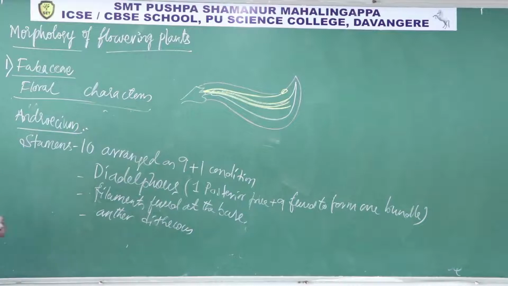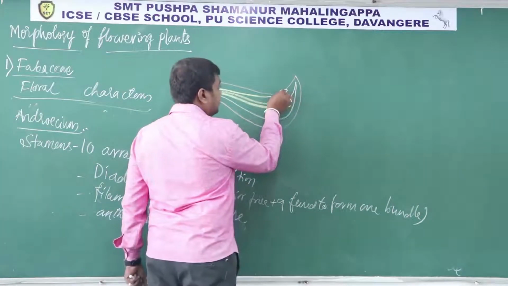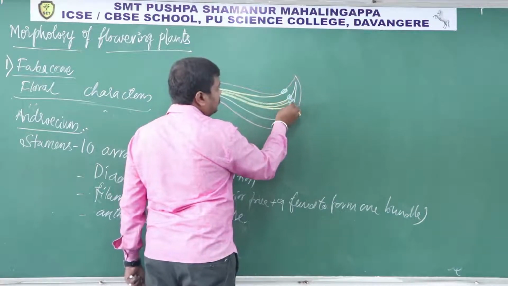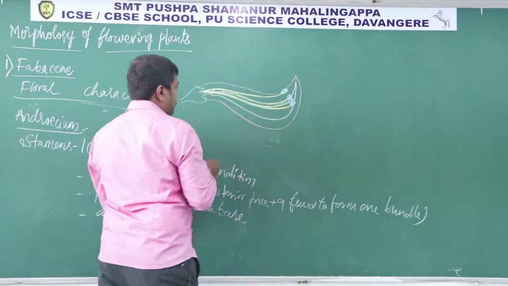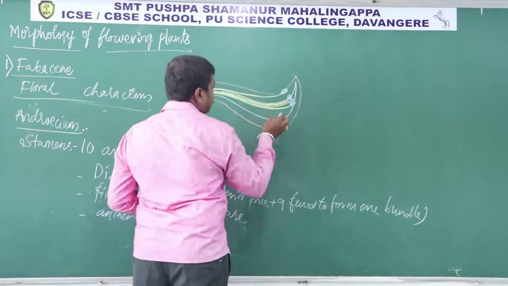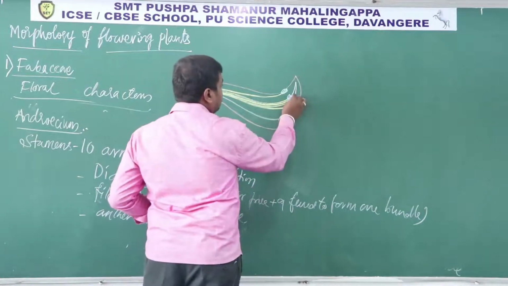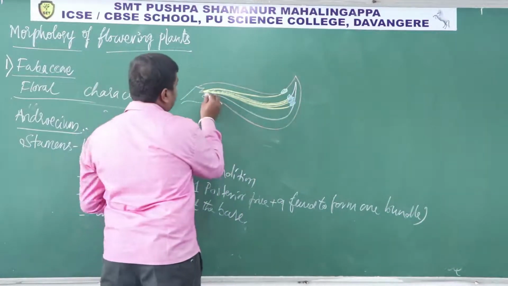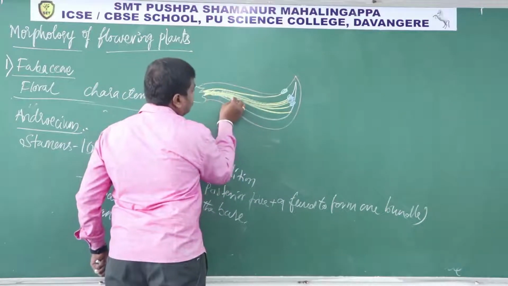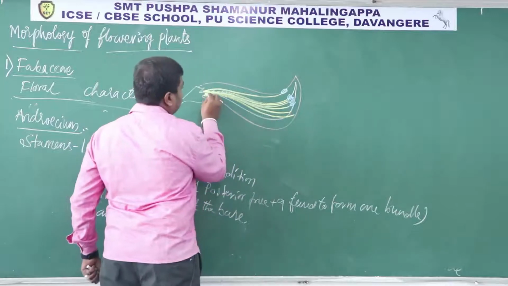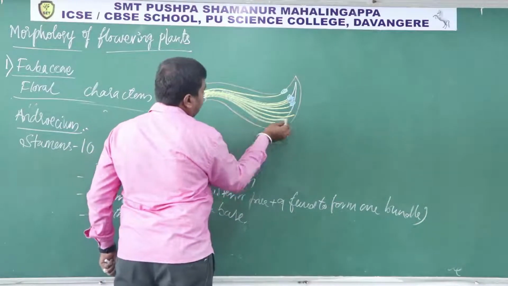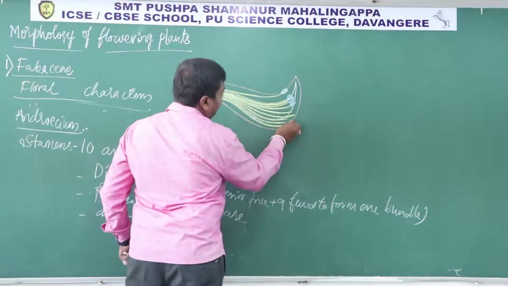You can write the anther. So let me write the anther in a different color. 3, 4, 5, 6, 7, 8, then 9.